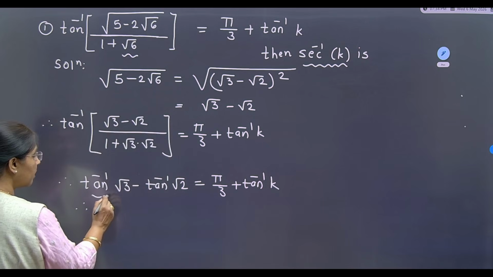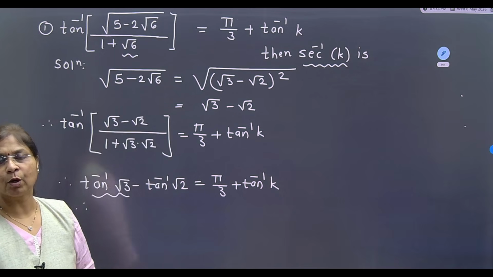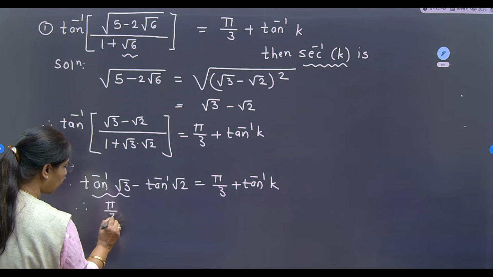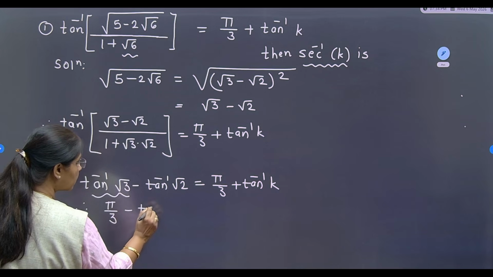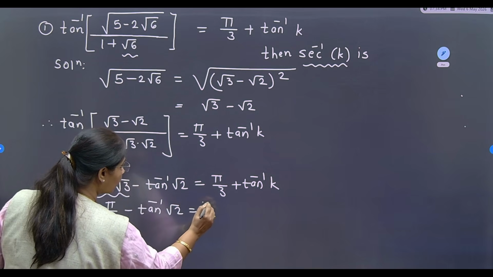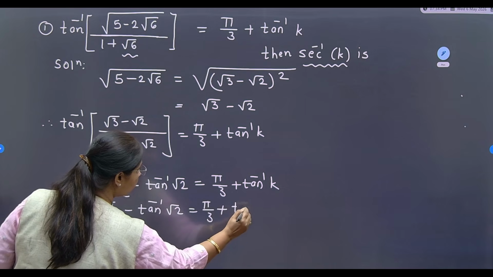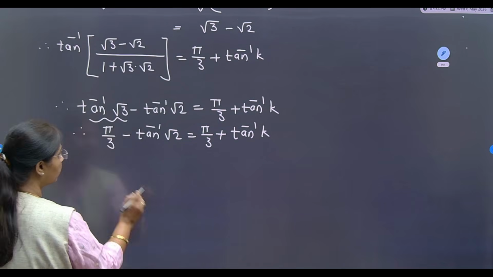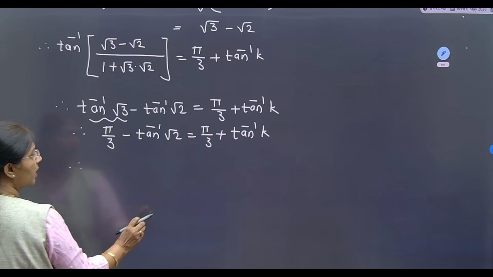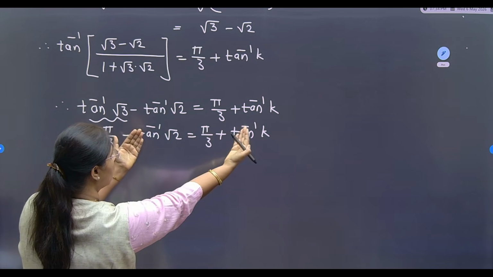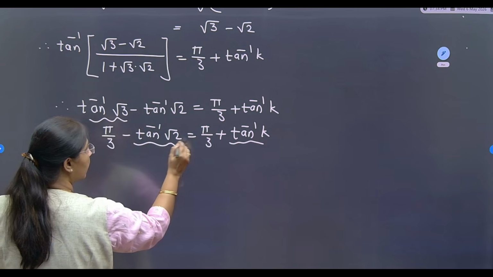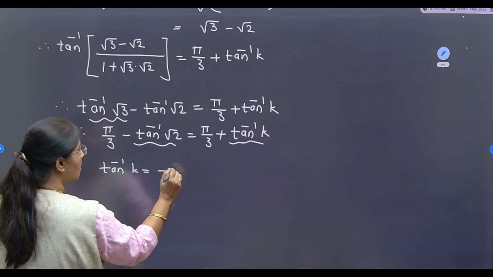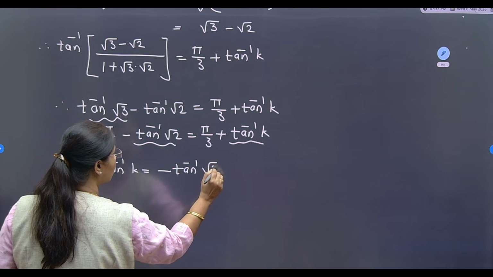Then tan inverse of root 3: root 3 is the value of tan 60 degrees, that is pi by 3 in radians. Therefore, pi by 3 minus tan inverse of root 2 is equal to pi by 3 plus tan inverse of k. The next step is comparing both sides. We get pi by 3, and after comparing, tan inverse of k equals minus tan inverse of root 2.